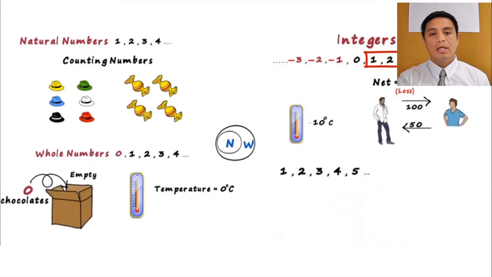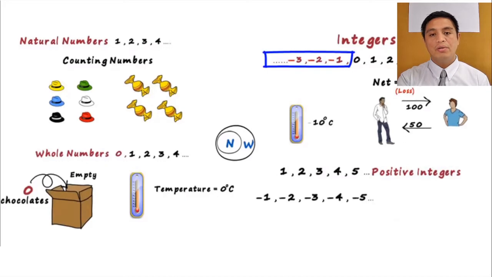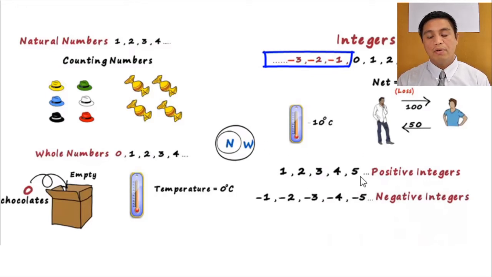So the set of integers consists of the positive integers and the negative integers. So these are the positive integers. 1, 2, 3, 4, 5. It doesn't stop with 5.